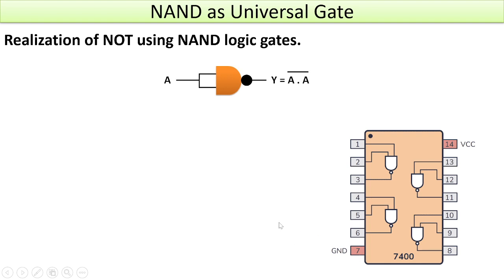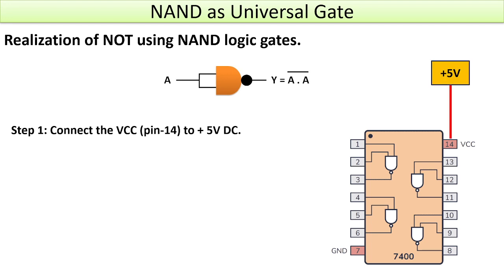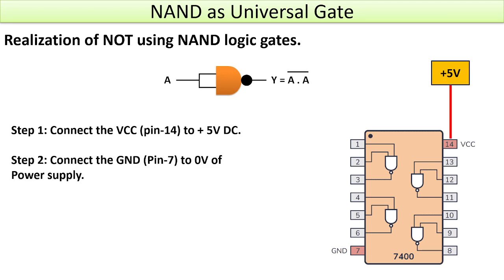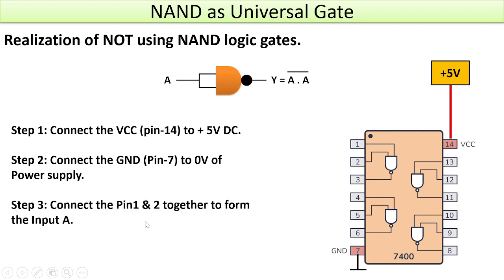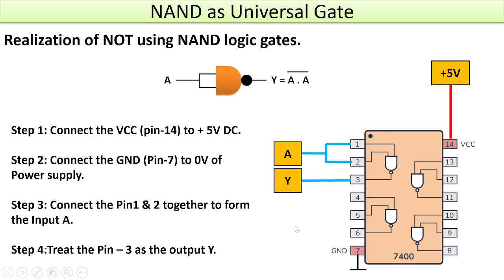So let's see how we do it. First of all, connect VCC to +5, then connect the ground, that is pin number 7, to 0 volt of the power supply, or the return line of the power supply. Then connect pins 1 and 2 together to form a NOT gate. Label that as A, and pin number 3 will act as your output.